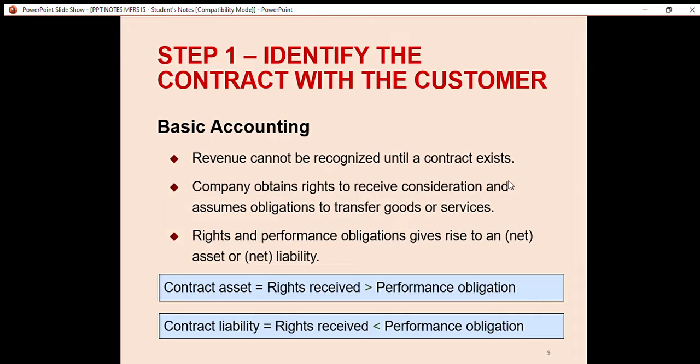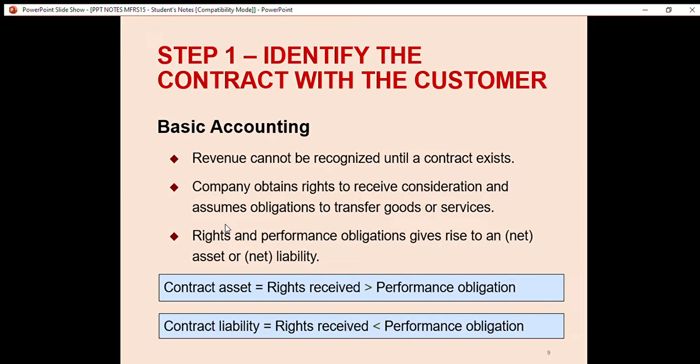This is actually based on a contract. In a contract, company obtains right to receive consideration or payment from the customer, and the company also performs its obligation to transfer goods or services to its customers.